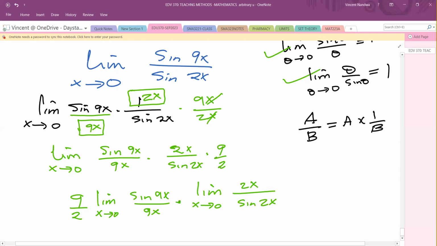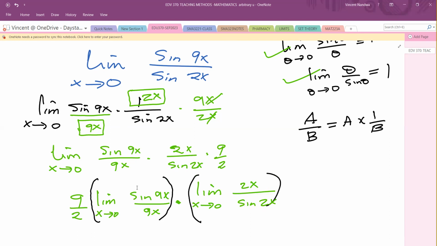So what will the first limit be? Here, if you just replace x, you get into trouble. That's why we have the standard limits.